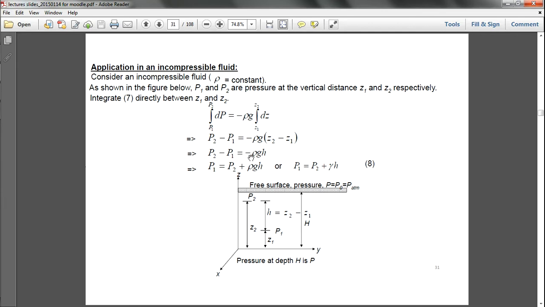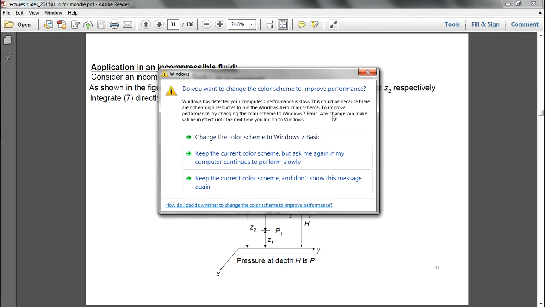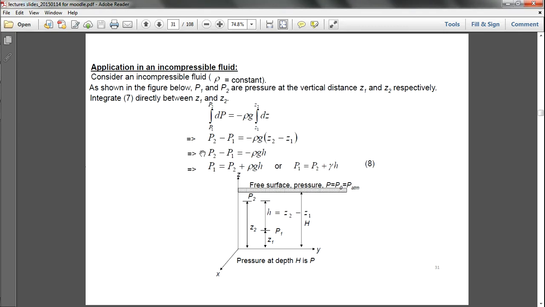Then you rearrange: bring P2 over, you get minus P1 equals minus P2 minus rho GH. Everything becomes the same convention, so you can also say that P1 equals P2 plus rho GH.